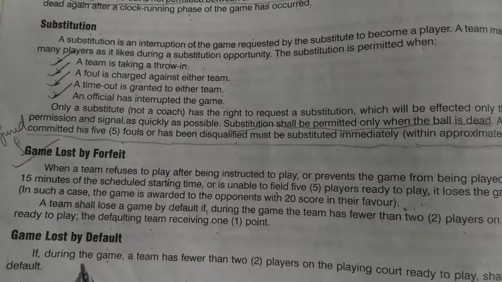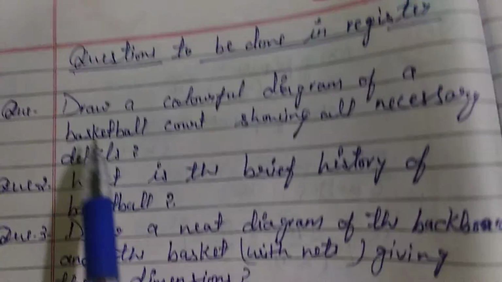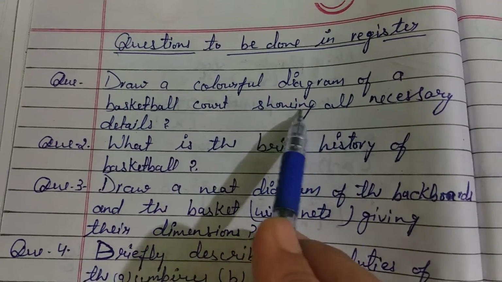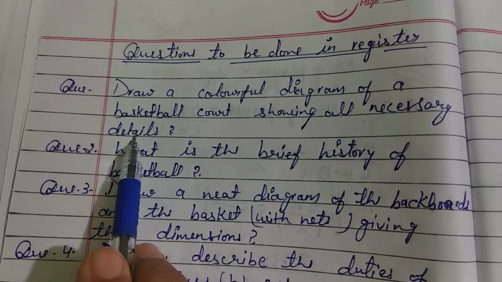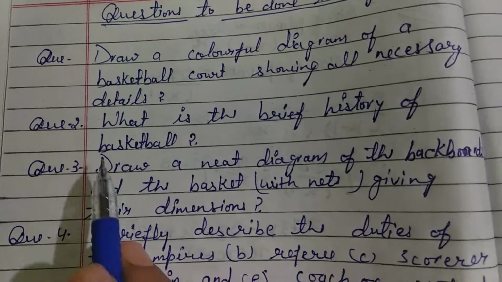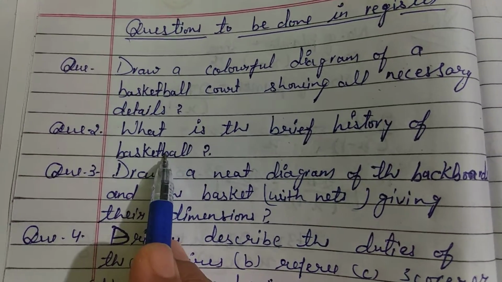So some questions you have to do in your fair register. So these are the questions. First is draw a colorful diagram of a basketball court showing all necessary details, and you have to write also all the details. Second is what is the brief history of the basketball game.